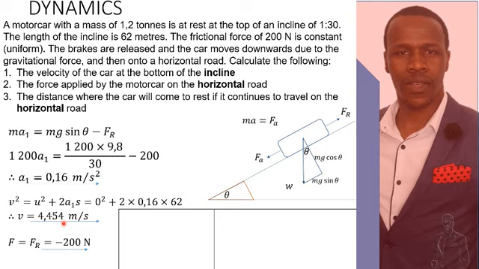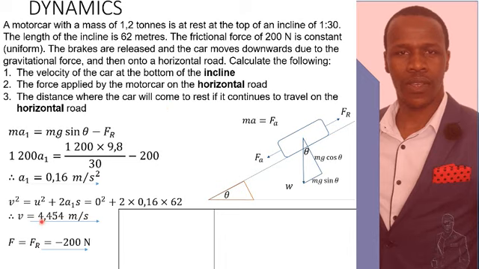This velocity is at the foot, that means now it becomes the initial velocity. So we have the initial velocity, which is this one. The final velocity is 0. We know it will stop because the question says it will come to rest. So if it will come to rest, that means v is equal to 0.